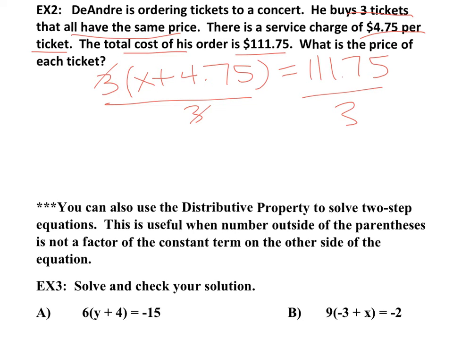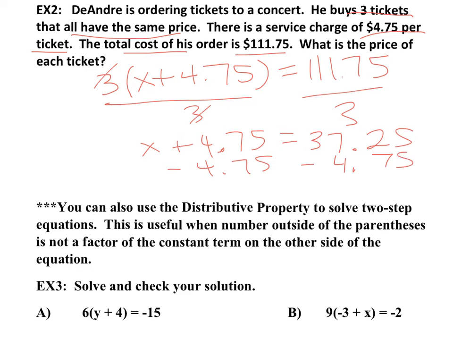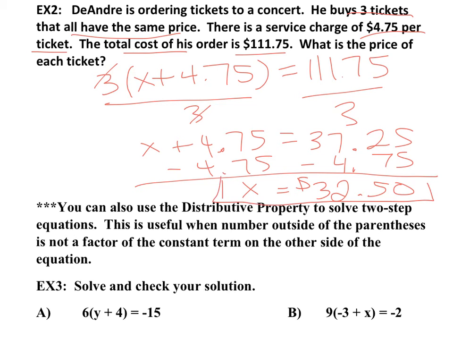And we have $111.75 divided by 3, and we are left with x plus 4.75 equals 37.25. Now we subtract the 4.75 from each side, and we have x equals $32.50. So that means each ticket would be that value.